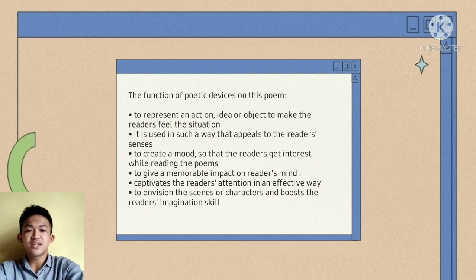The next is to create a mood so that readers get interested while reading the poem, and then to give a memorable impact on readers. The next one is to captivate the reader's attention in an effective way, and the last function is to envision the scenes of characters and boost the reader's imagination skills.